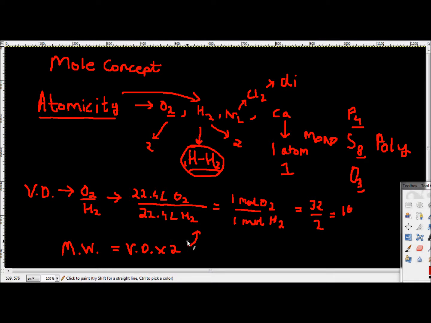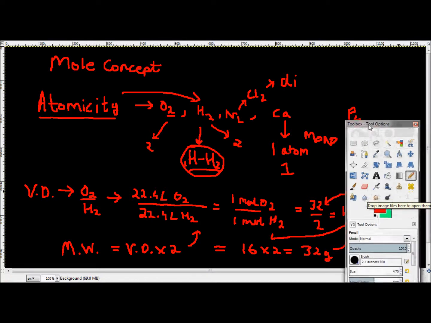So molecular weight of oxygen should be equal to the vapor density, which is 16, into 2, and it comes out to be 32 grams, and you can see that the molecular weight of oxygen is 32 grams. So this formula does hold true.